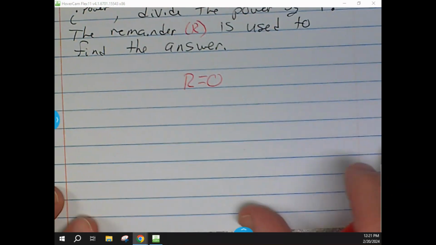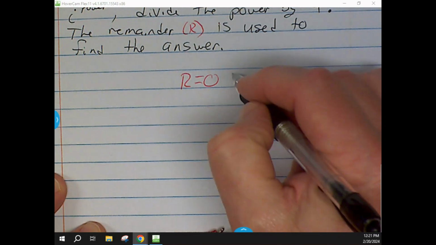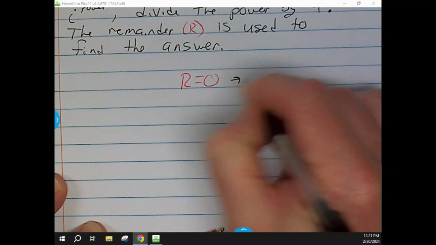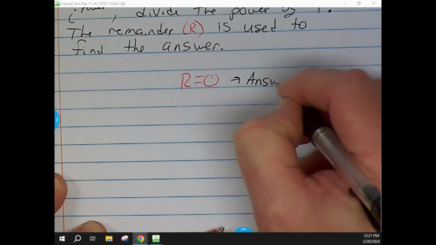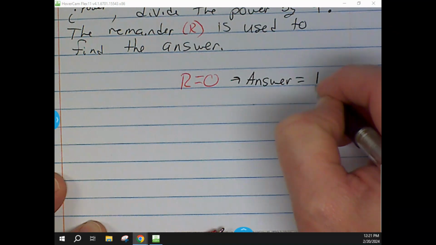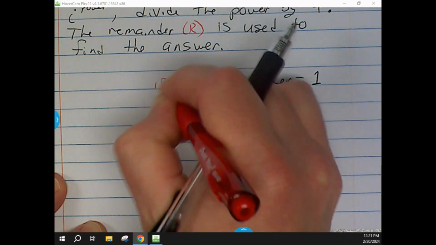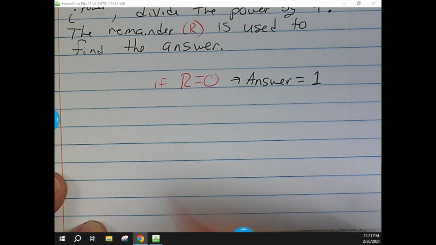Okay, so basically it's this. If your remainder equals 0, your answer equals 1. All right.